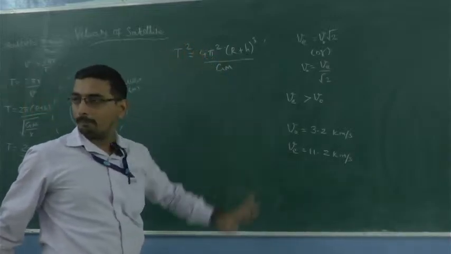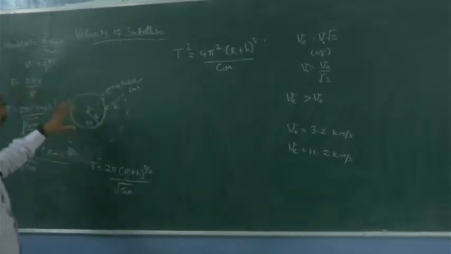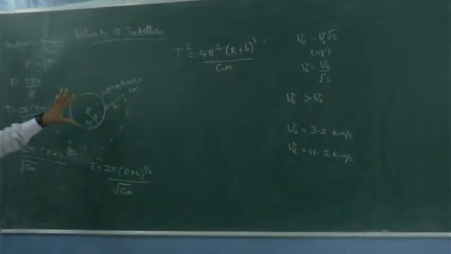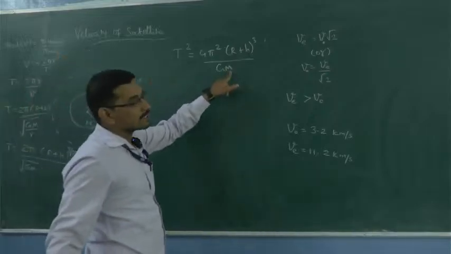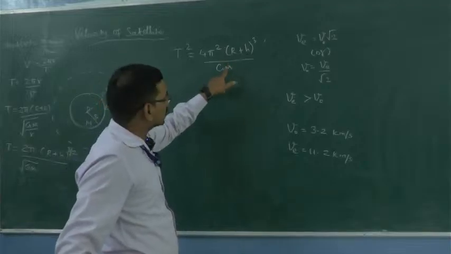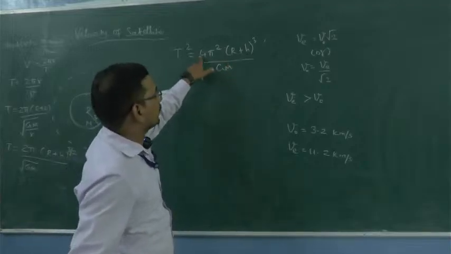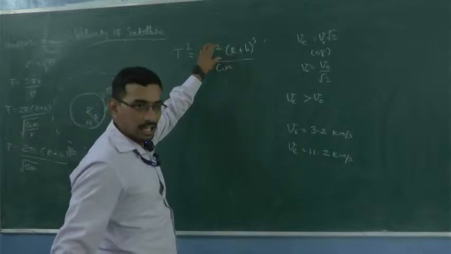What is capital M? Mass of the source planet. Satellite to satellite mass will be variable, but earth mass is fixed. The mass of the satellite we send does not alter it. That means the mass of the earth or planet is constant. Capital G is constant. Number 4 pi square, all these values are constant.